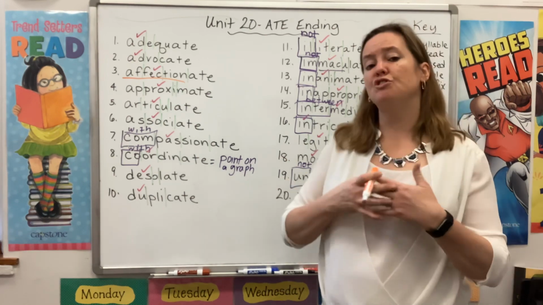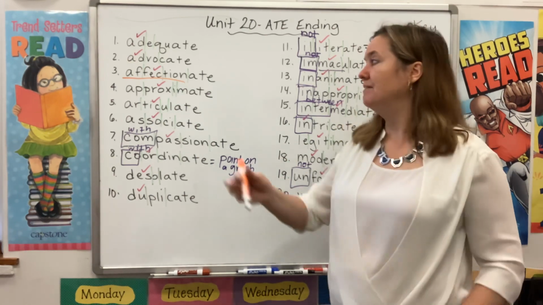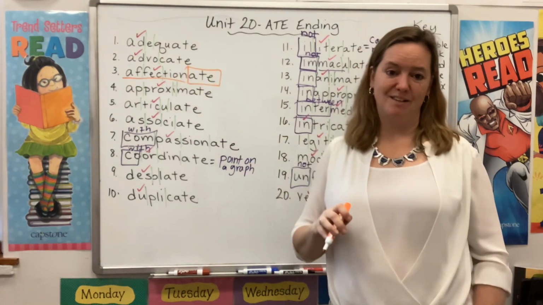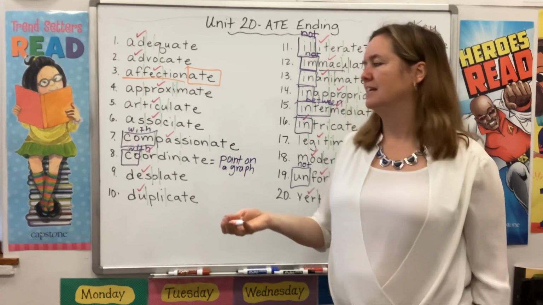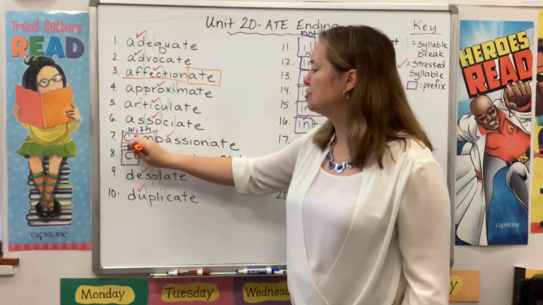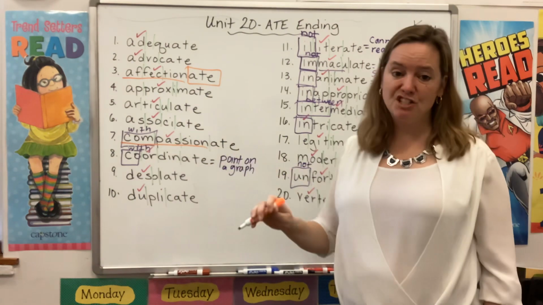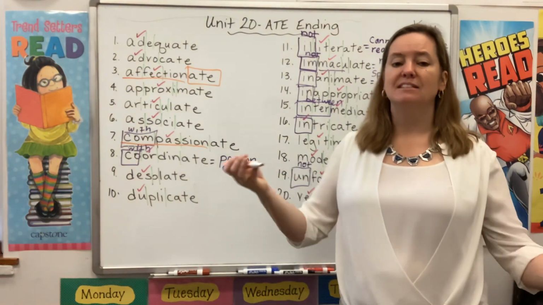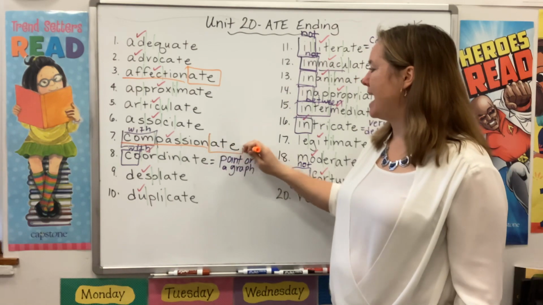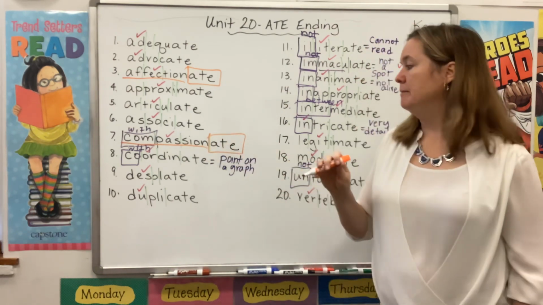So if you show affection and love, you are being affectionate, right? You're giving hugs and kisses and smiles and all of that. If you show people compassion, kindness, and understanding, then you are being compassionate, right?